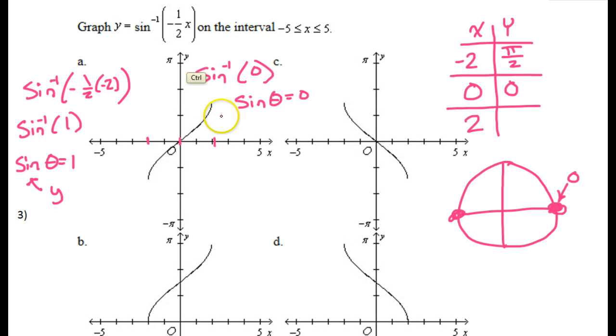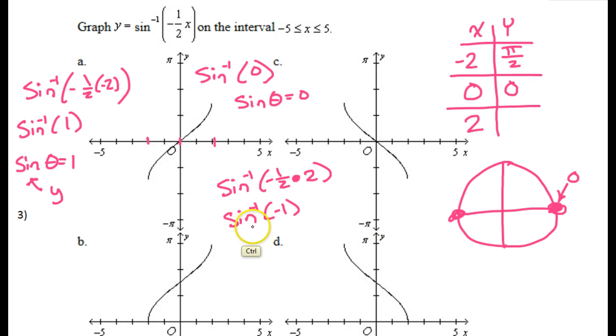Okay, so if I substitute +2, that will be the inverse sine of -1/2 times +2. Half of 2 is 1. A negative times a positive is a negative. So this will be the inverse sine of -1. So this is the angle whose sine is -1.